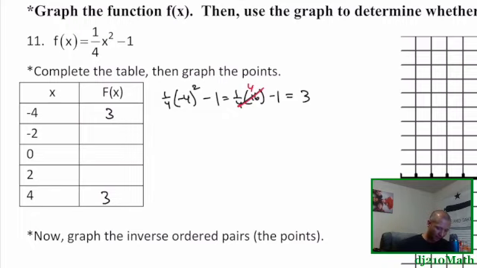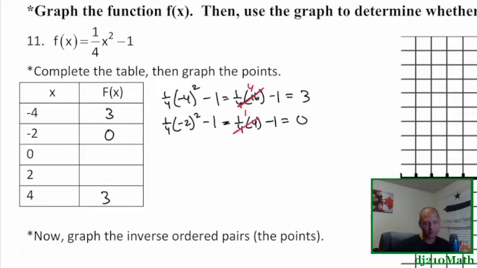All right. If I plug in negative 2, so 1/4 negative 2 squared minus 1. Negative 2 squared is positive 4. So 1/4 times 4 minus 1. 1/4 times 4 is just 1, and 1 minus 1 is 0. So when I plug in negative 2, I get 0.